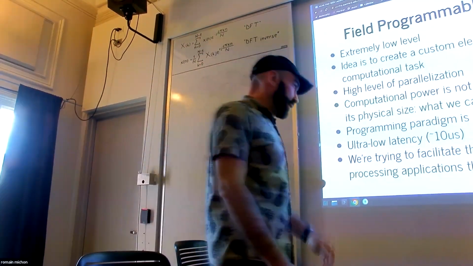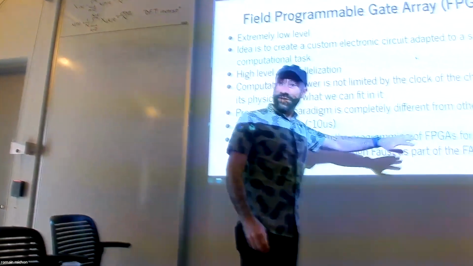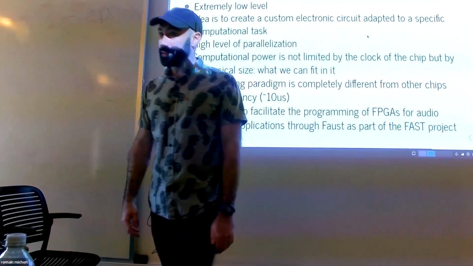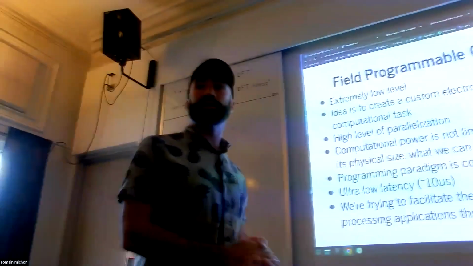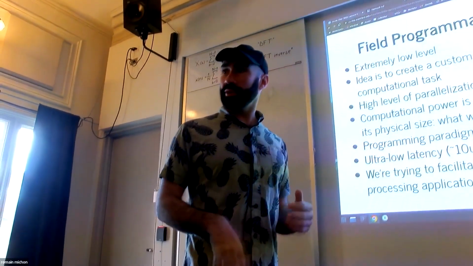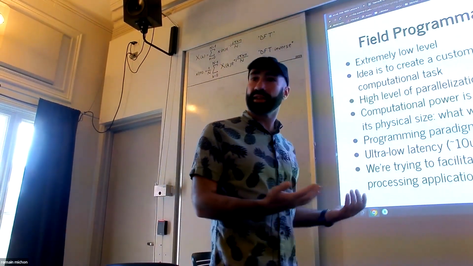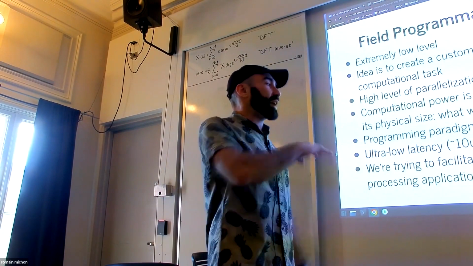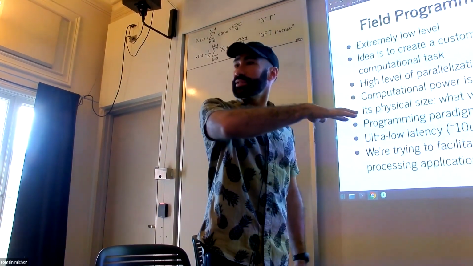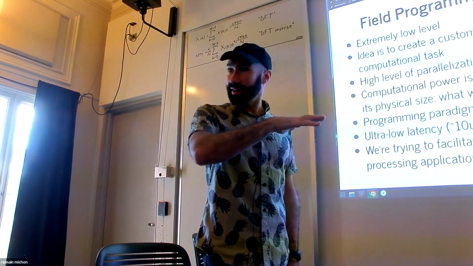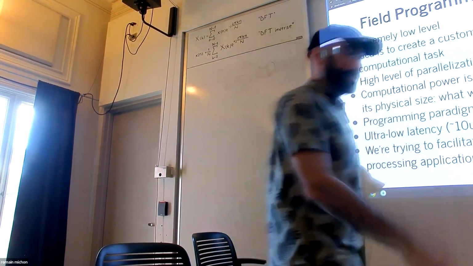So I've been working on a system to program FPGAs with Faust. At a very high level, it's open source and it's available. So if you're actually interested in that kind of stuff, there is absolutely no reason why you would want to use this for 258. There is no point.